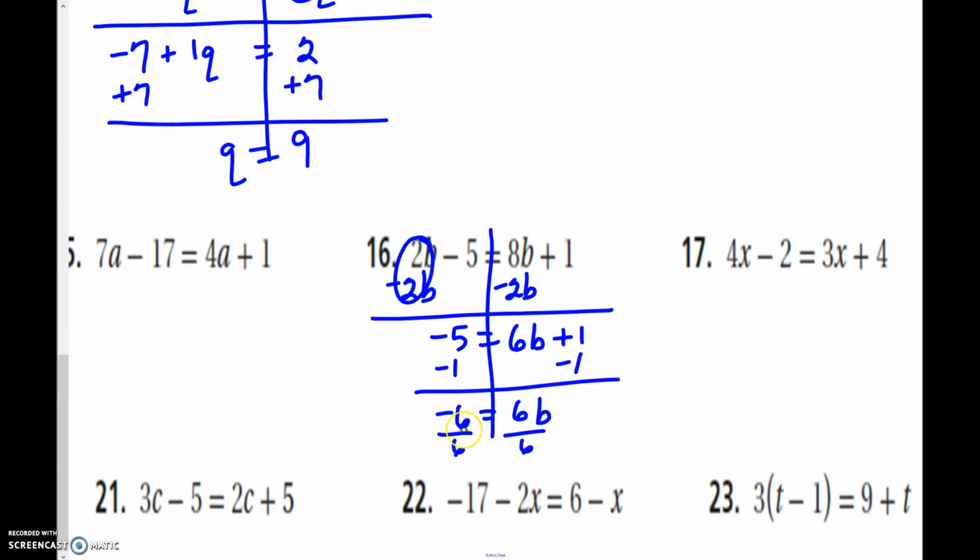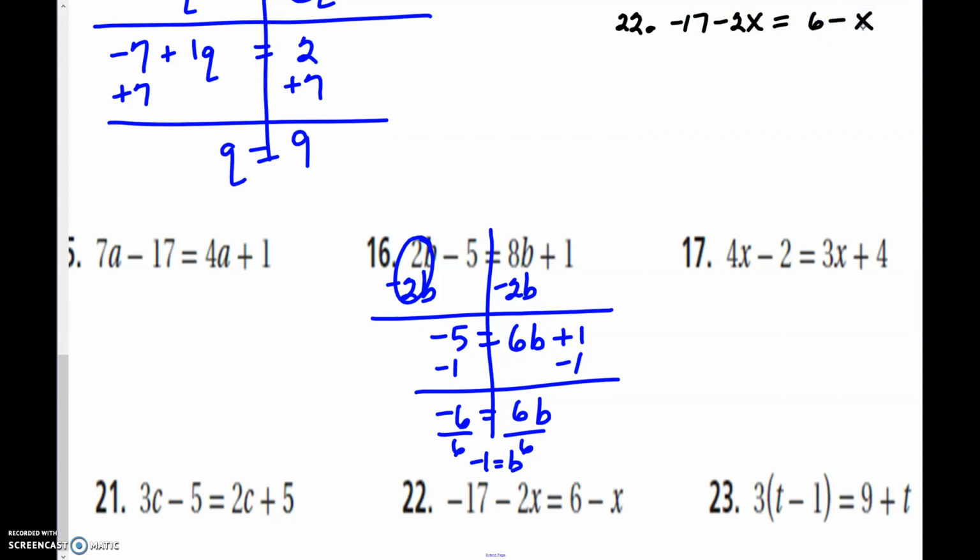So -6 divided by 6 is a -1. All right, like I said, I don't have any room down here, so I have to copy this next problem. I'm just going to put number 22 up here in the corner. So I have -17 minus 2x equals 6 minus x.